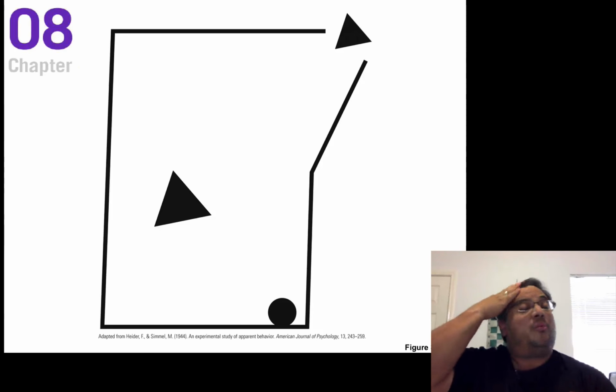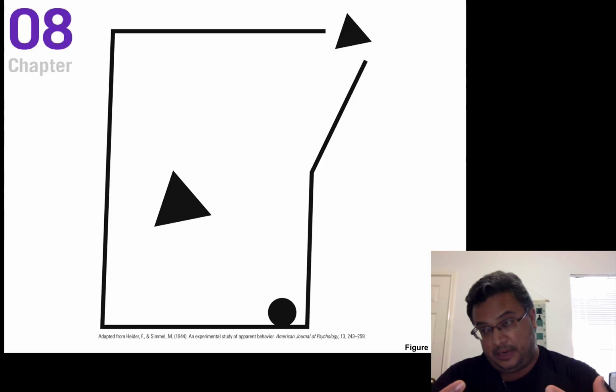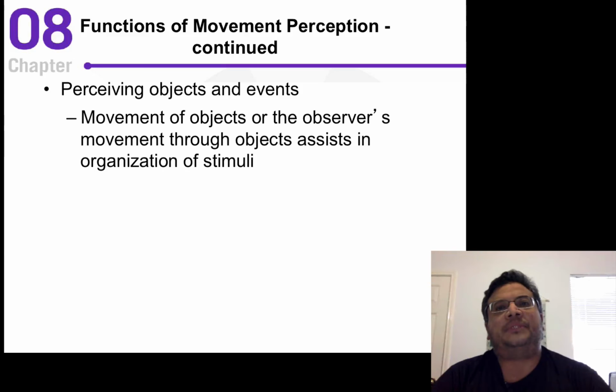So when we are watching things move, part of what we're doing unconsciously is ascribing intent and meaning to the things that we watch move, motivations and things like that, even personalities. Obviously, perceiving objects and events in movement is a critically important survival skill.